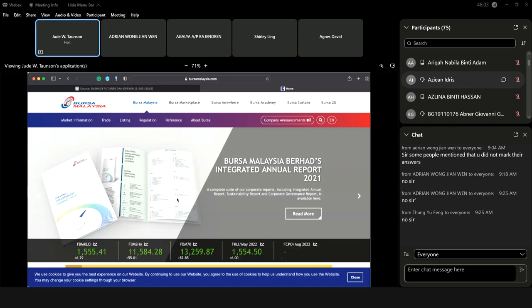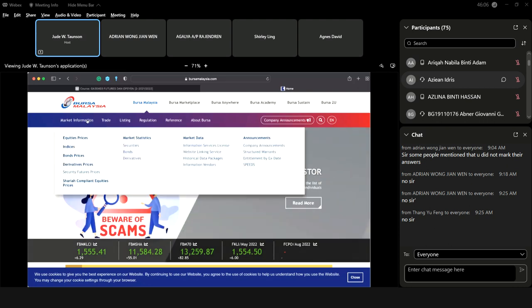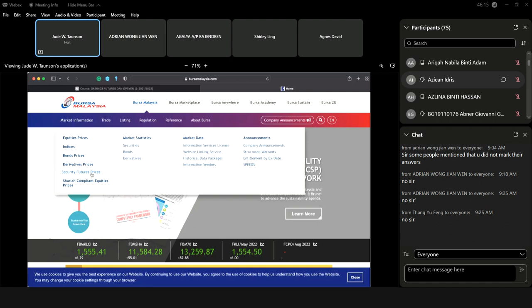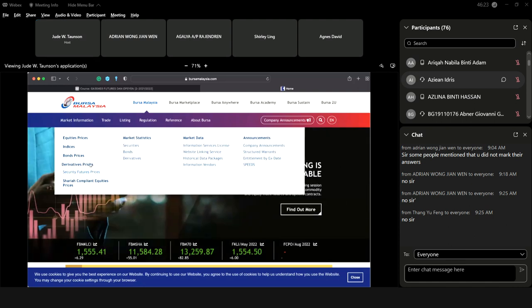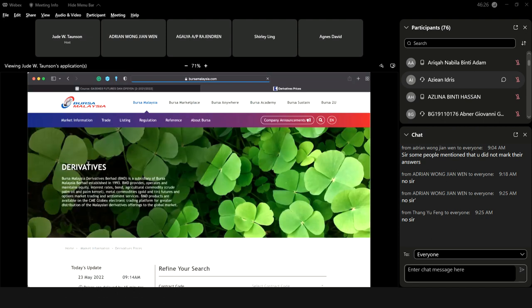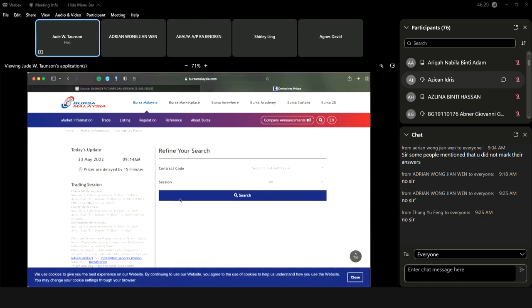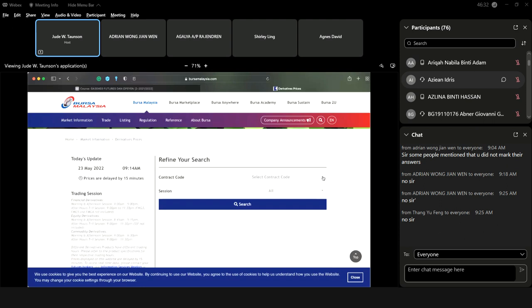We are looking at derivatives, derivative prices, security futures prices. For example, this is gold futures. This is FKLI, the index futures. Let us look at FKLI futures.